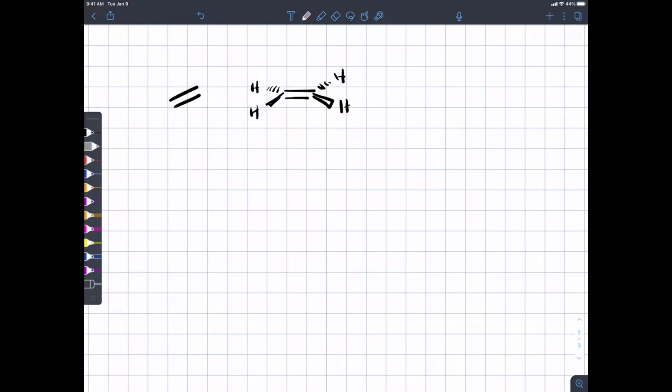So the pi bond in the alkene is associated with this pi molecular orbital. The different colors represent different signs of the wave function. The electrons that are in this pi orbital simultaneously occupy both areas above and below the plane of the molecule.